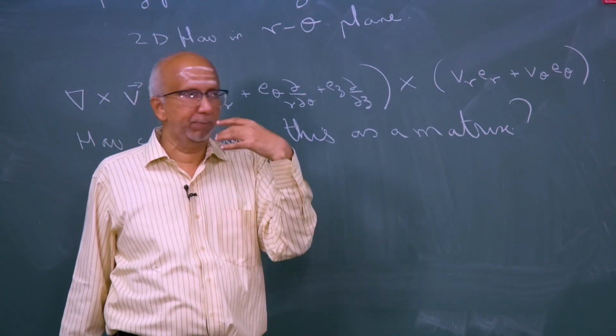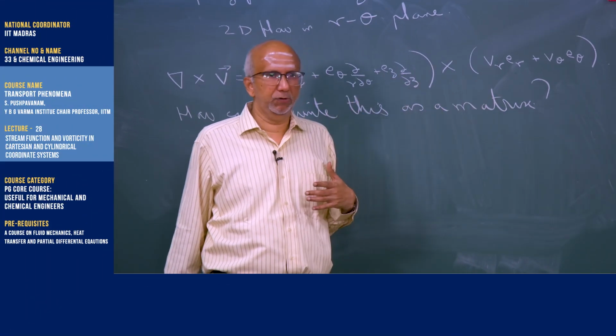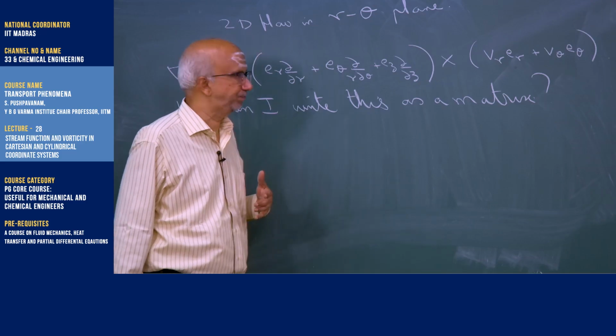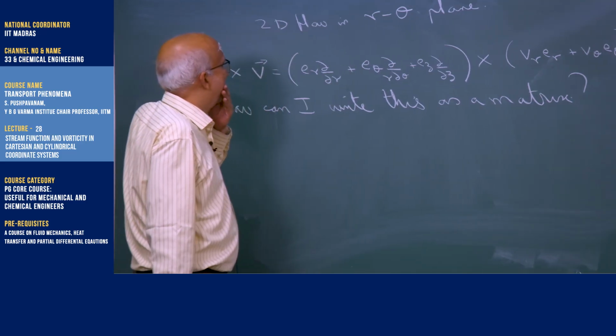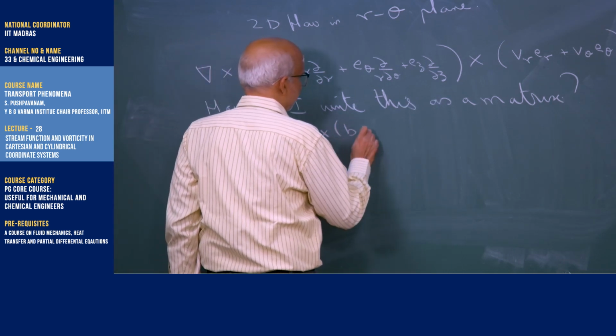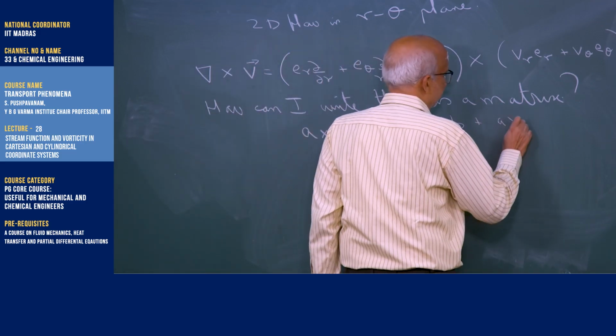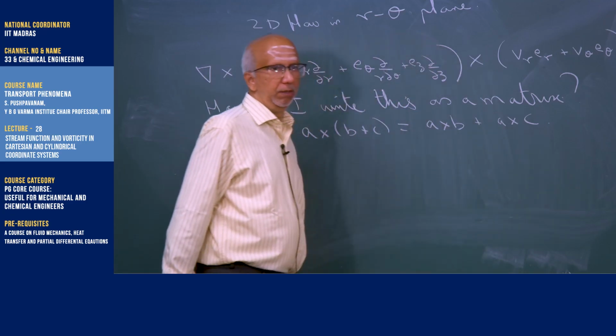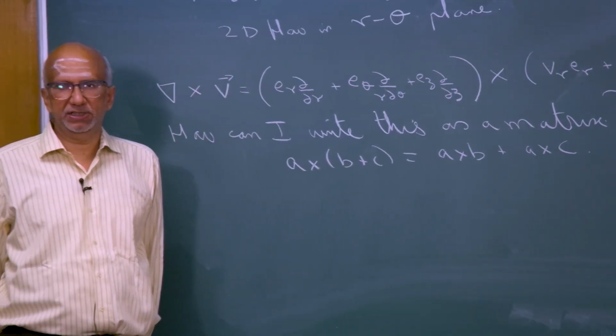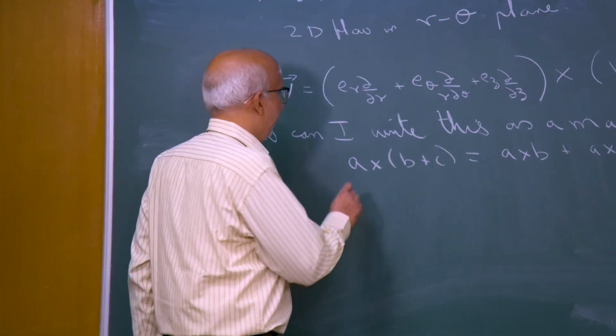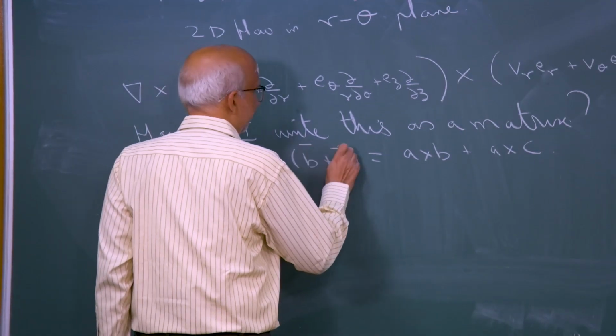And I am trying to now see how to get it in terms of the matrix. If you have A cross B plus C, this is the same as A cross B plus A cross C. A, B and C are all vectors.